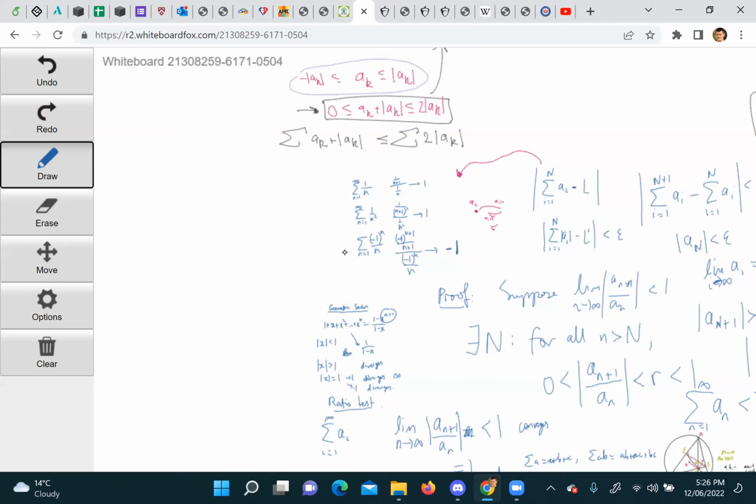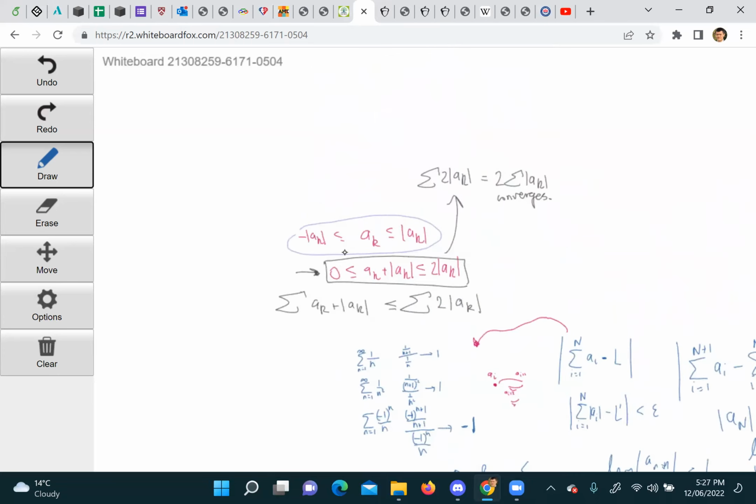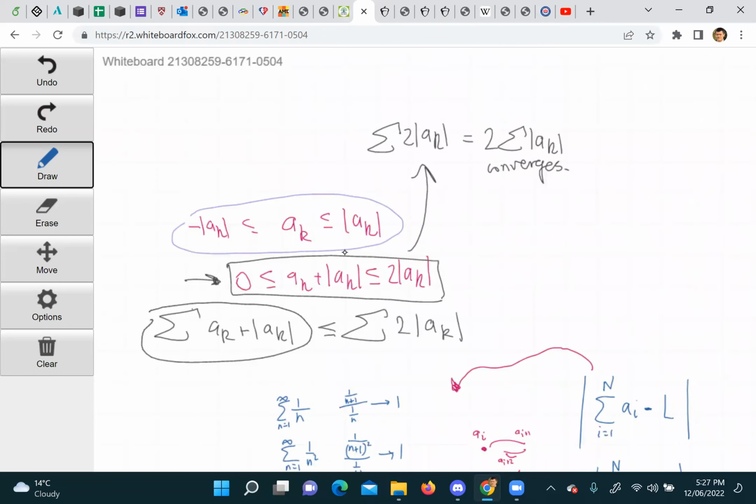So the sum of the absolute values converges, and 2 times it converges. Then using the comparison test, since this is between 0 and this converging sum, it means this sum converges.